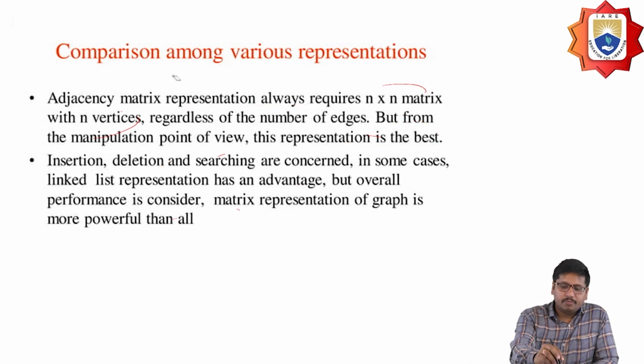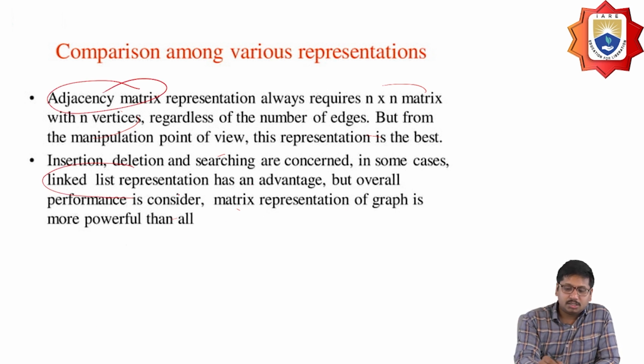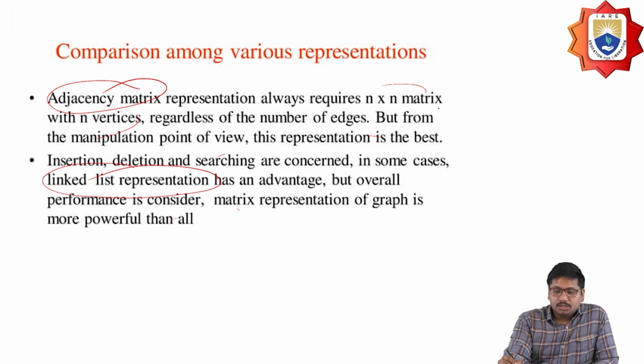So when I'm going to compare this adjacency matrix and adjacency list, the matrix is a simple representation of the graph, considering the number of rows and columns n by n. So it's simple and easy to implement.